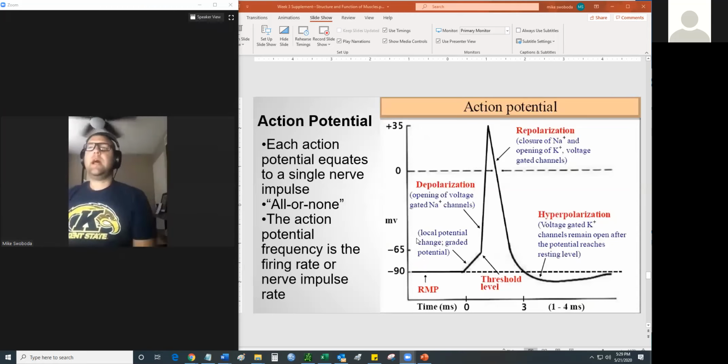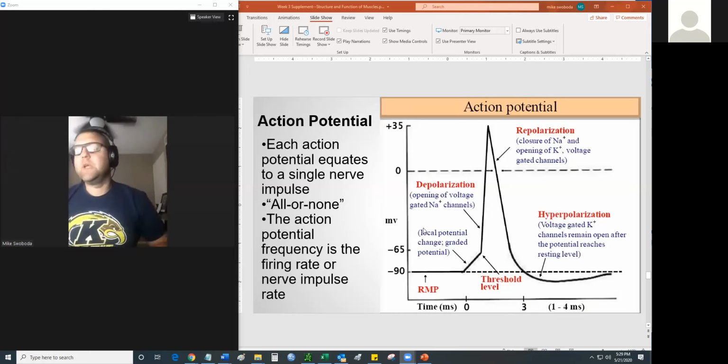Now, getting into how the contraction actually happens. You get any sort of nerve impulse, or any kind of nerve activation via an action potential. An action potential is a single nerve impulse. So this is a single one-time use for the nerve firing. This happens in what's known as an all or nothing event.